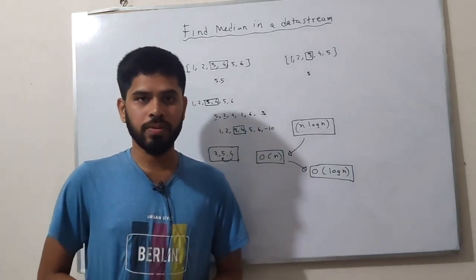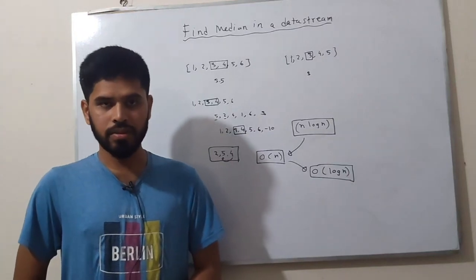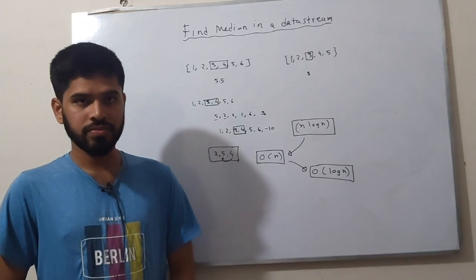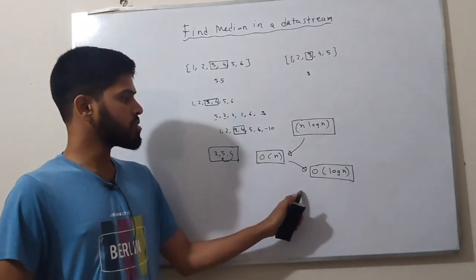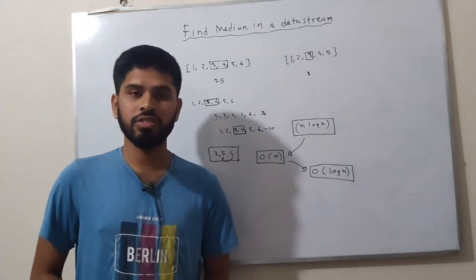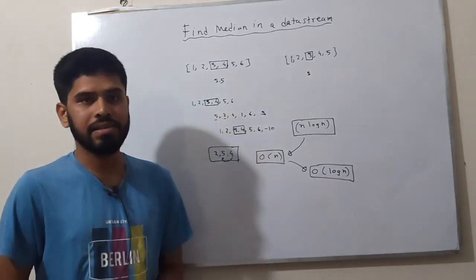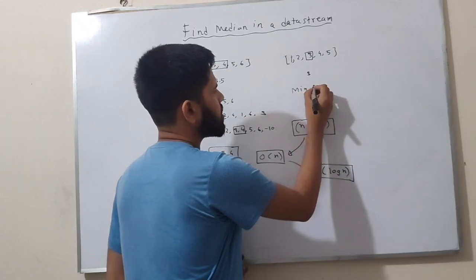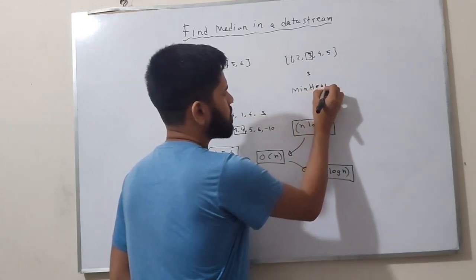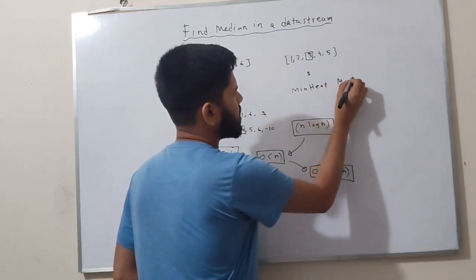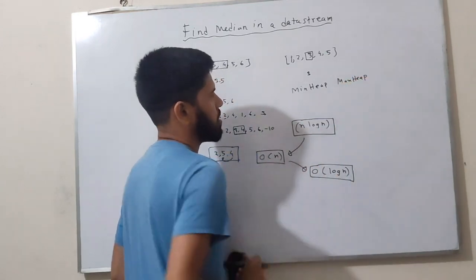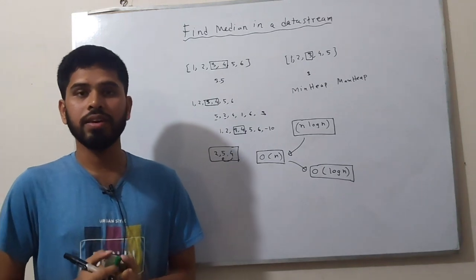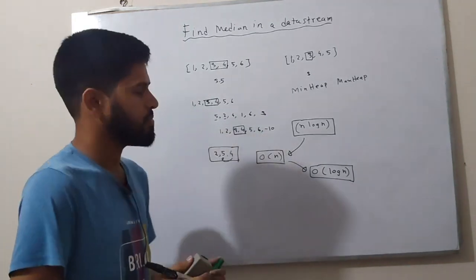In order to solve this problem in logarithmic time complexity, we are going to use the heap data structure. We're going to use two heaps, a min heap and a max heap. Now let's see how to solve this problem using heap data structure efficiently.